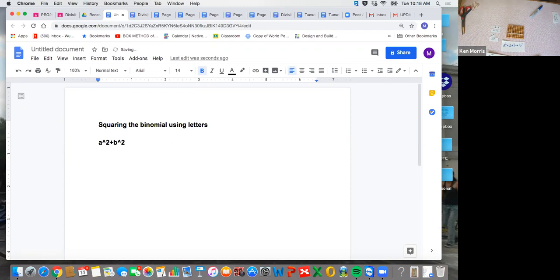Those are my two squares, plus A times B plus B times A. And I can certainly combine the AB plus the BA so that my final formula is A squared, I'm going to rearrange it just a little bit, plus 2AB plus B squared.